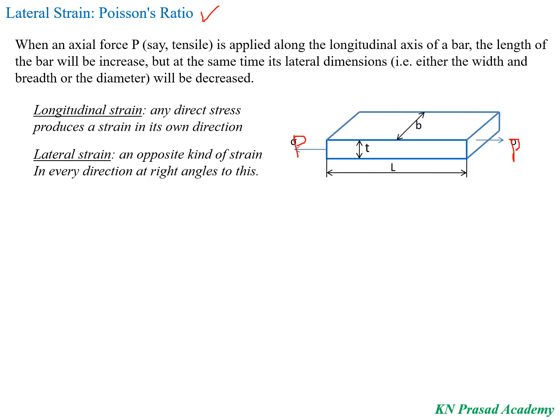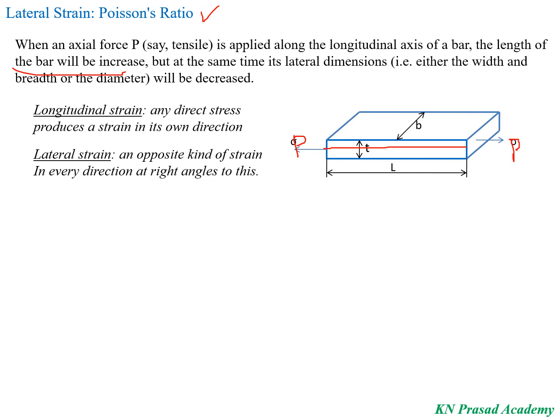When you are applying the forces in the length direction, so in the longitudinal axis, here we are applying the axial force, let us consider tensile, then the length of the bar will be increased. That we discussed previously. The respective strain we call the longitudinal strain.